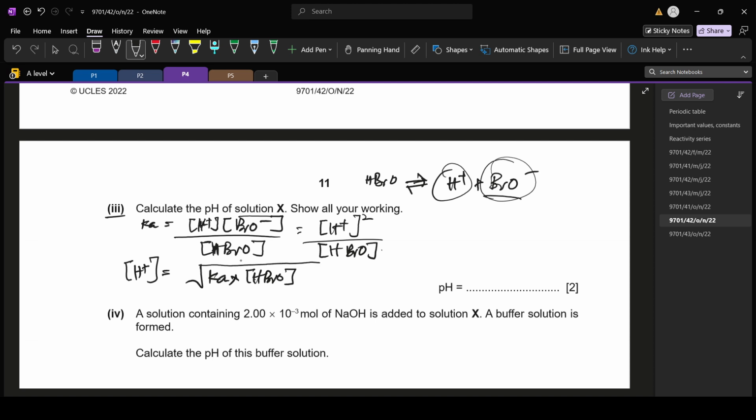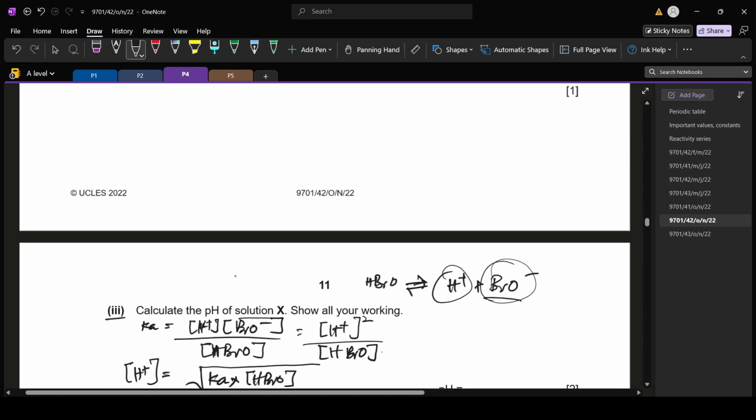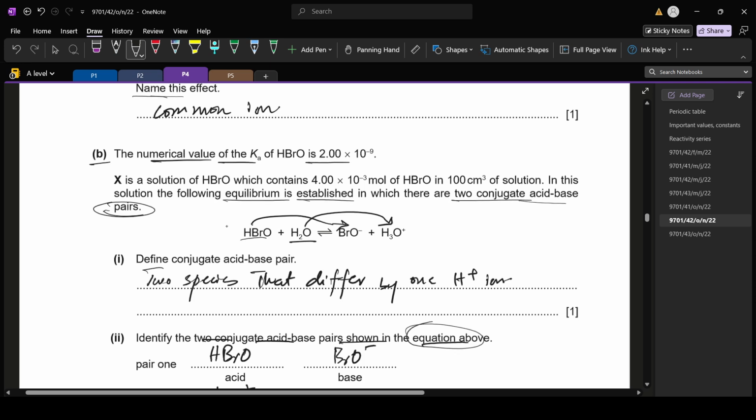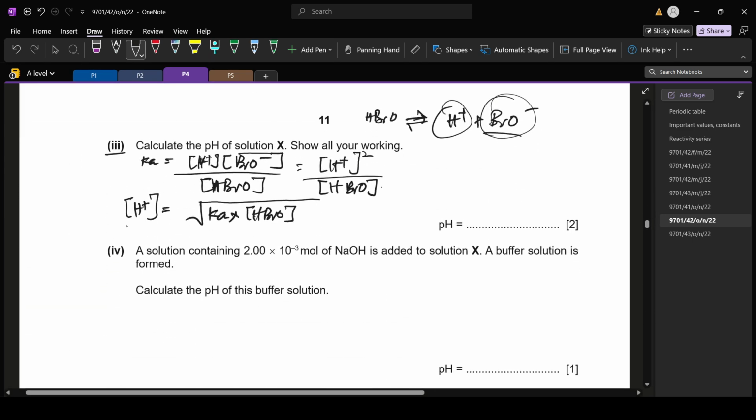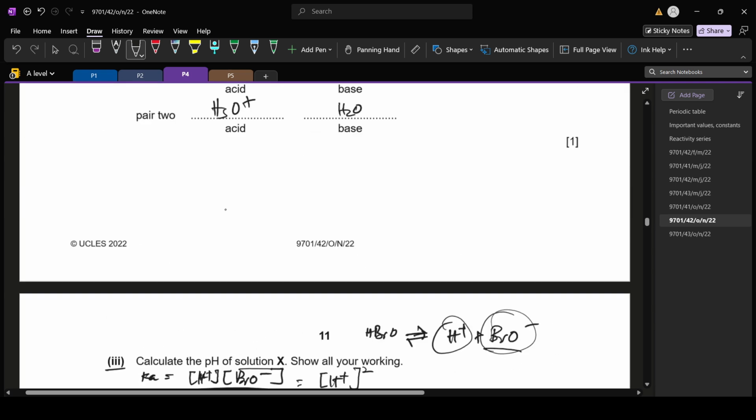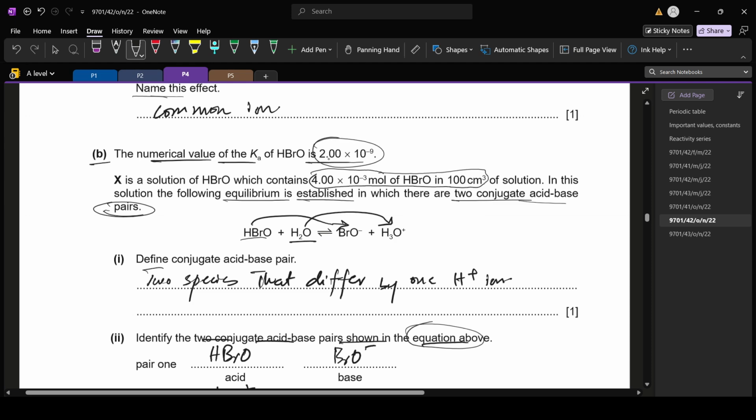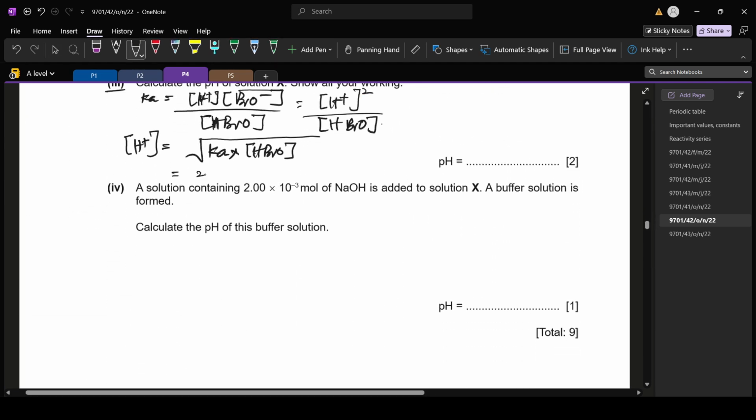So what is the concentration of HBrO? It is 4 into 10 to the power minus 3 moles in 100 cm cube. Let's calculate it. The value of Ka is also given to you, which is 2 into 10 to the power minus 9, and the concentration of HBrO is 4 into 10 to the power minus 3 moles in 100 cm cube.